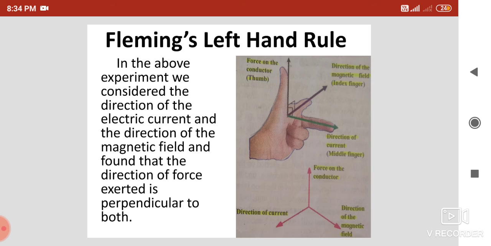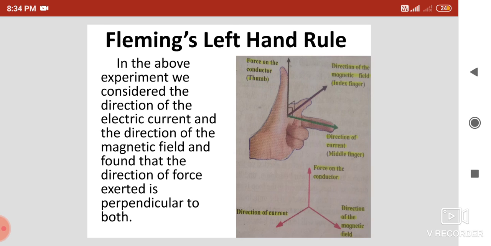If the index finger, middle finger and thumb of the left hand are perpendicular to each other, and the index finger shows the direction of the magnetic field and the middle finger shows the direction of the current, then the thumb shows the direction of the force on the conductor.